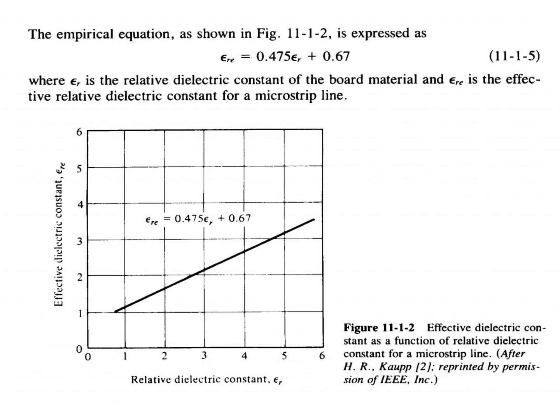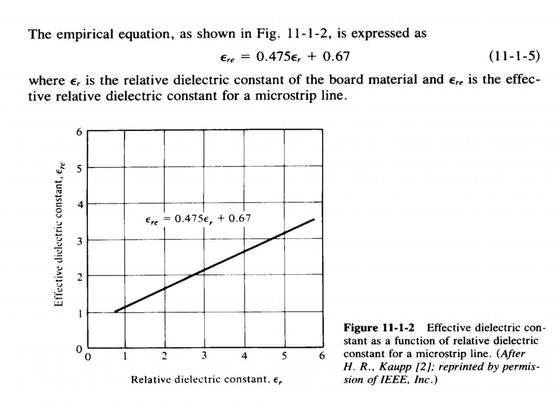The empirical equation is expressed as ε_Re = 0.475 ε_R + 0.67, where ε_R is the relative dielectric constant of the board material and ε_Re is the effective relative dielectric constant for a microstrip line.